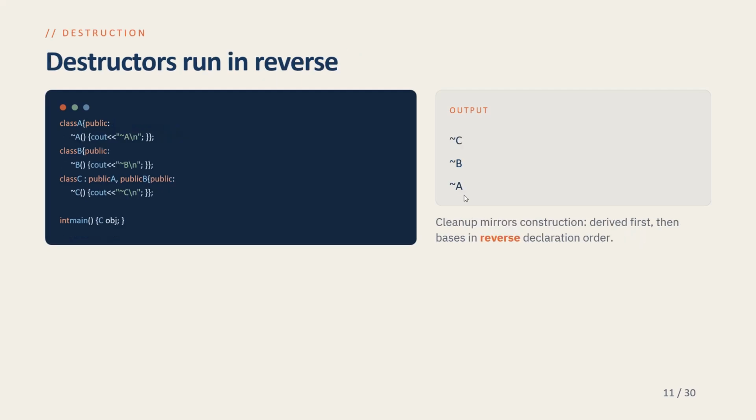The destruction order is exactly the reverse. When the object is destroyed, the derived class destructor executes first, followed by the base class destructors in reverse order. So first C, then B, and then A. This ensures that cleanup occurs in reverse sequence of construction.